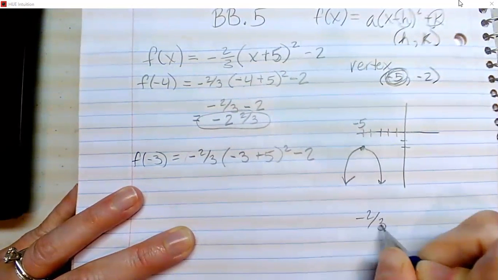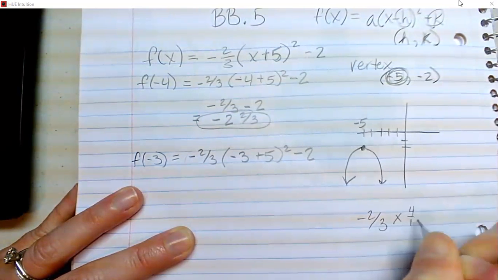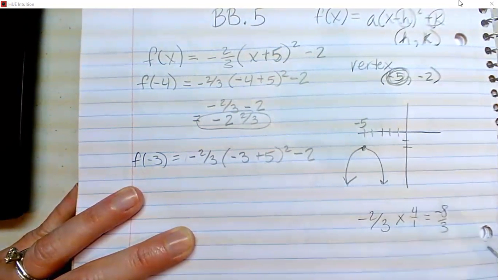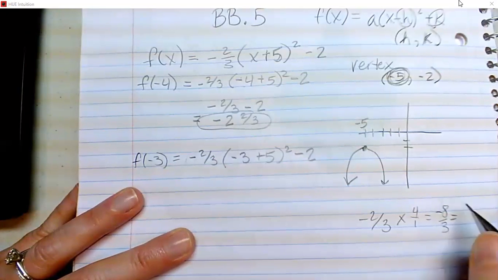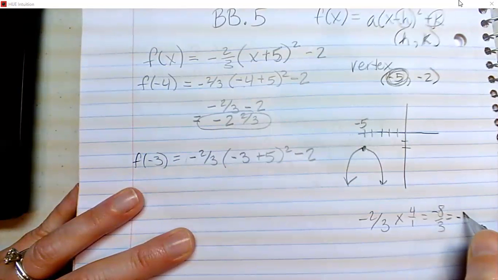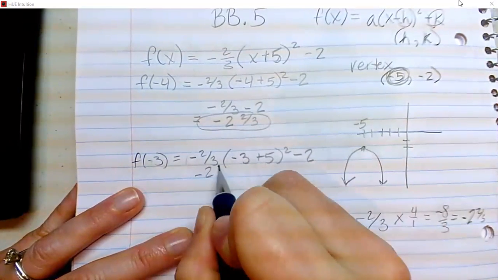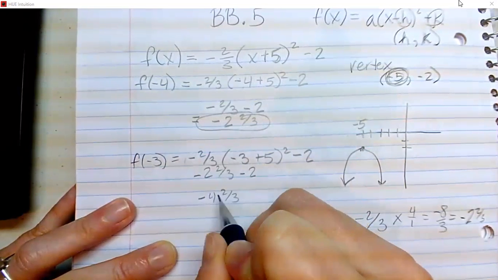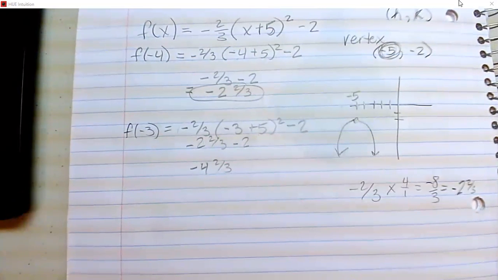So -2/3 times 4 over 1 is -8/3. Again, we're getting something ugly. So this would be -2 2/3. Is that right? -2 2/3. So -2 2/3 minus 2 would be -4 2/3. So again, another kind of ugly number.